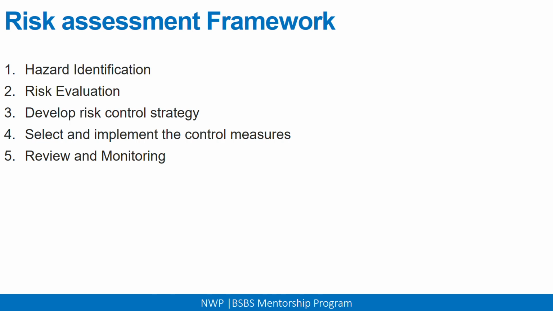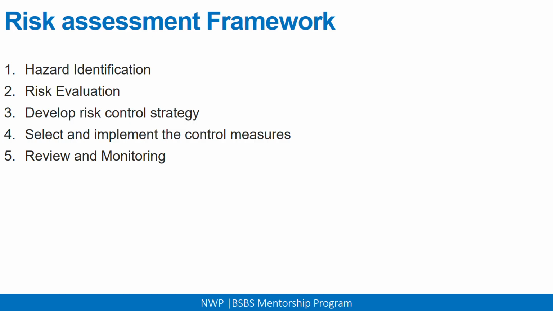So if your risk is high, you need to do what is known as risk acceptance, which we will look at as we go on in the session. So under risk acceptance, what you're doing is you are either accepting the risk that you would have identified, or you are not accepting the risk.